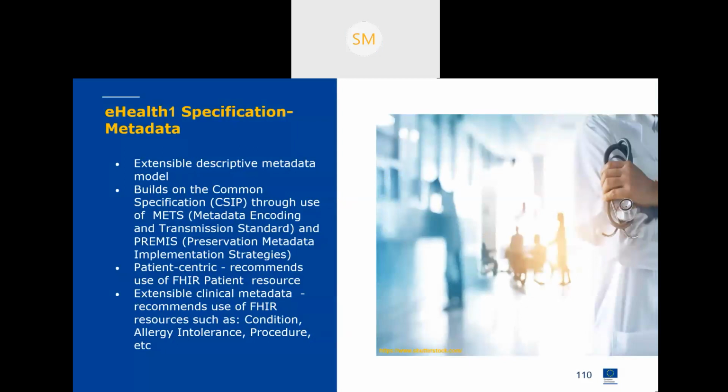It's patient-centric. And as such, it recommends the use of international metadata standards, such as the FHIR patient resource. And it has very extensible ability to encapsulate clinical metadata, which is essential in the researcher use case in enabling researchers to actually search the archive and create cohorts of information for research purposes.